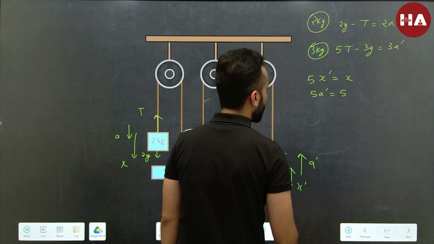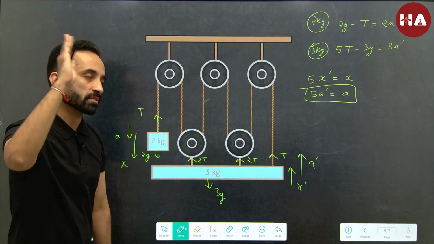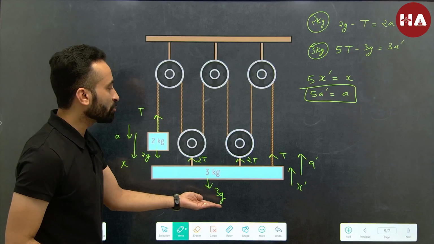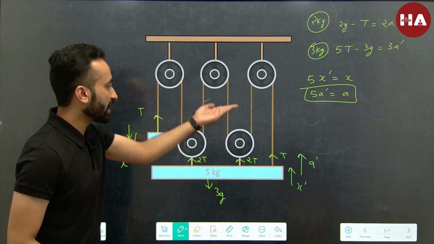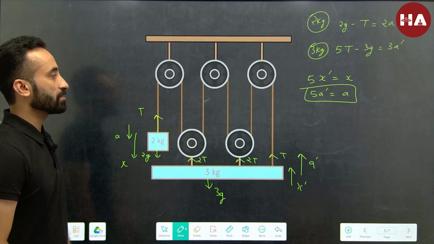So if this is ascending upward with some acceleration, then this will descend downward with 5 times the acceleration. So do you understand? If this moves x, this does not descend by x. If this moves x, this will descend down by 5 times of that. Keep that in mind.